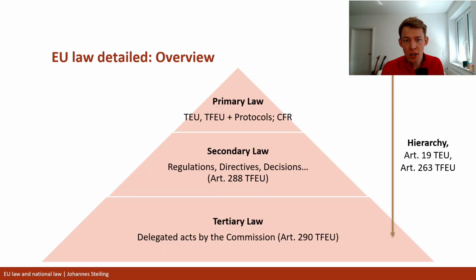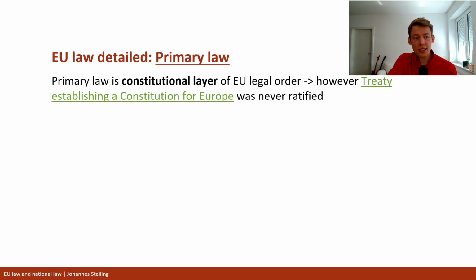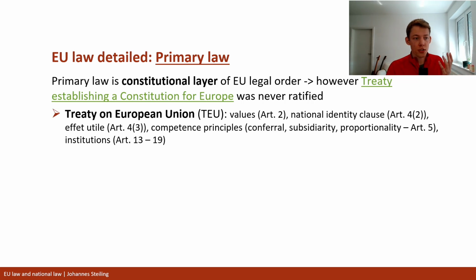So primary law, as we've seen, is the foundational treaties and their annexes and protocols and the Charter of Fundamental Rights. So really primary law, as I said, is the constitutional layer, but we don't call it a constitution because they tried to adopt a constitution which was not ratified. So primary law is, first of all, the Treaty on European Union, TEU, which has most of the basic provisions.